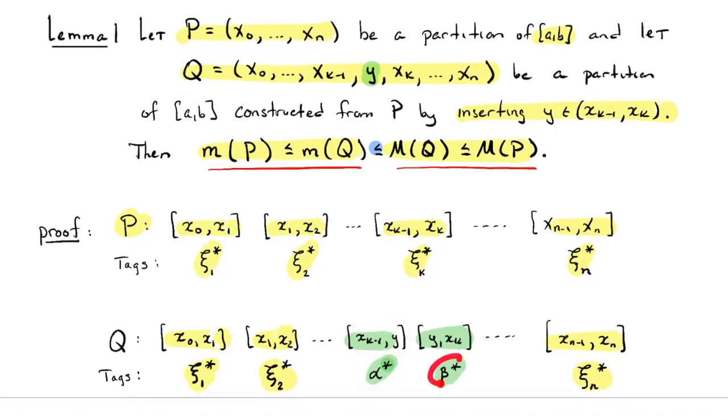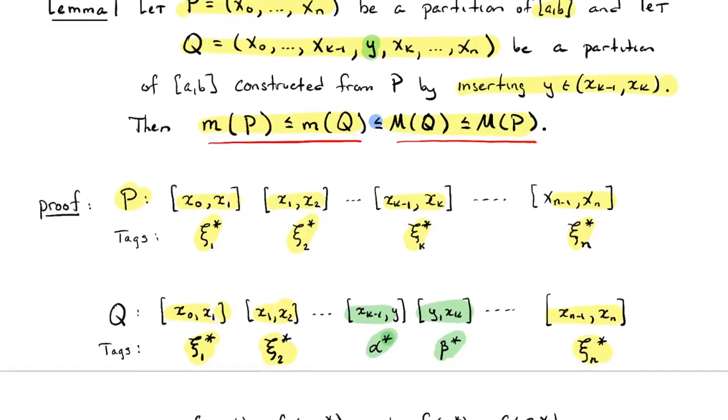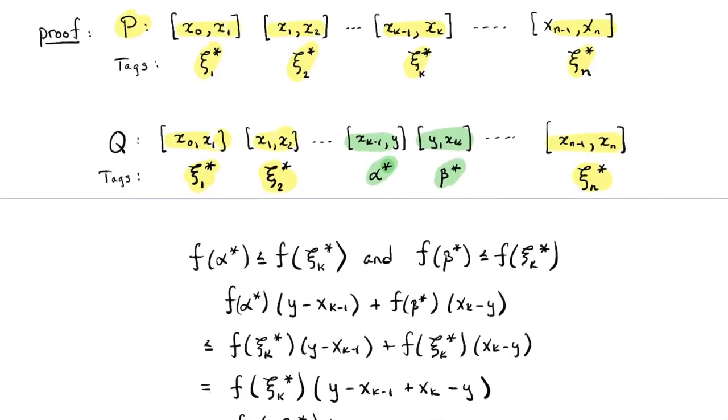Beta upper star is the largest output in the interval from y to x_k. It's like that extreme value theorem notation, and I'm just using some other Greek letters, alpha and beta, because I'm just doing it on this one subinterval, and I don't want a double subscript. I could have called this c_{k1} and c_{k2} or something like that, but it's easier on my eye to just call it alpha and beta.